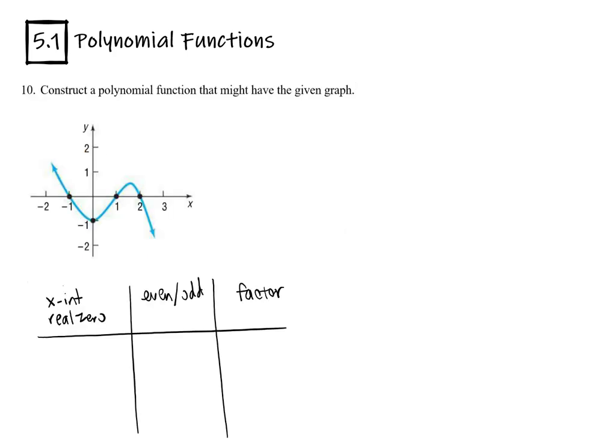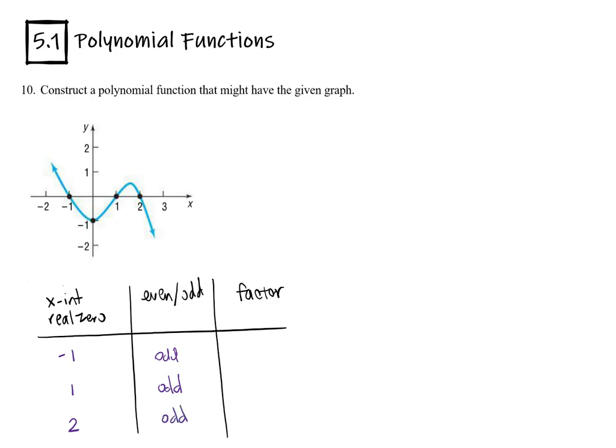Okay, let's try to apply what we learned and see if we can come up with a polynomial function that has this given graph. So when we look at the x-intercepts, we see -1, 1, and 2 as our x-intercepts. At all of these x-intercepts, the graph crosses through, so they're all odd. And since we're coming up with a function, let's just make it easiest on us.